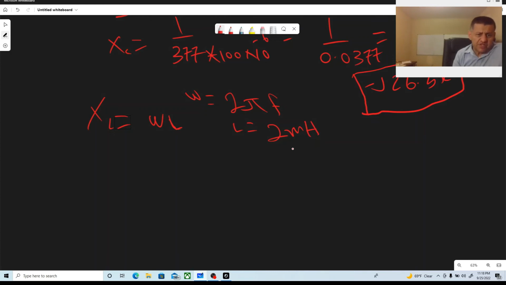Now, when we replace those values, we get XL equal to 2 pi times 60 times 2 times 10 to the minus 3. Why to the minus 3?